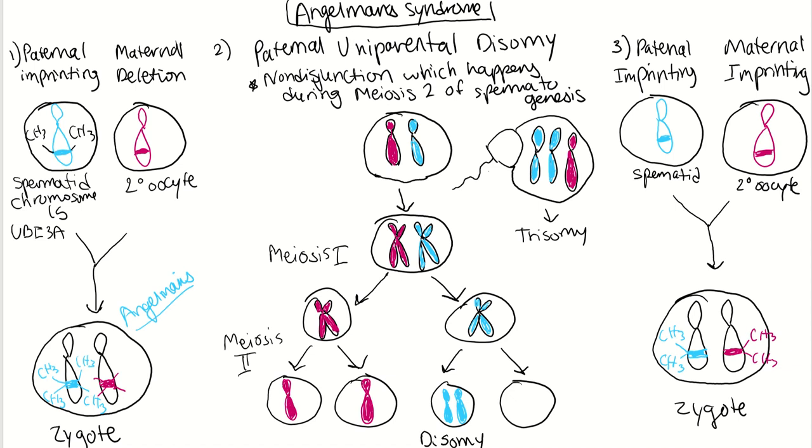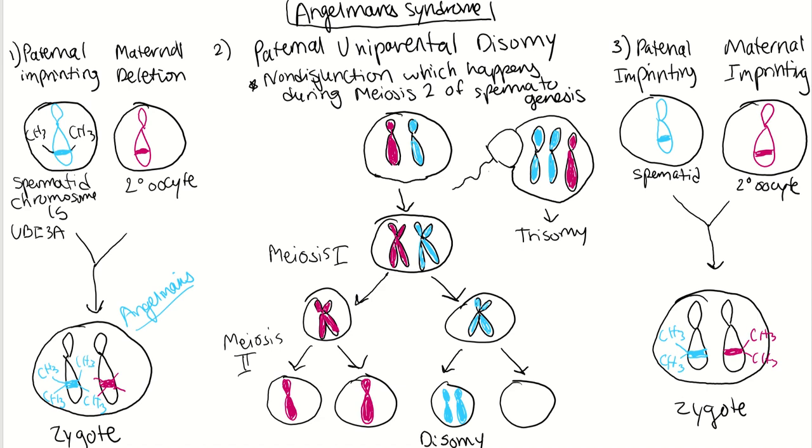In paternal uniparental disomy, two chromatids from the dad arrange in one gamete.